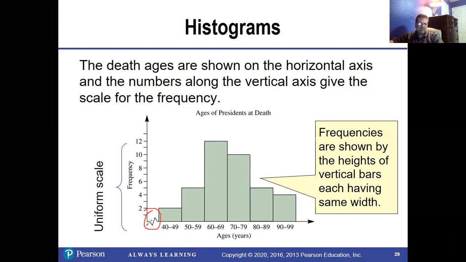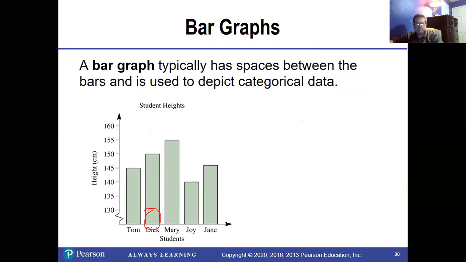Okay, so this is just a filler so that you don't have to have those others, because you're not supposed to have any gaps in a frequency table or histogram. All right, so let's go to the next one.